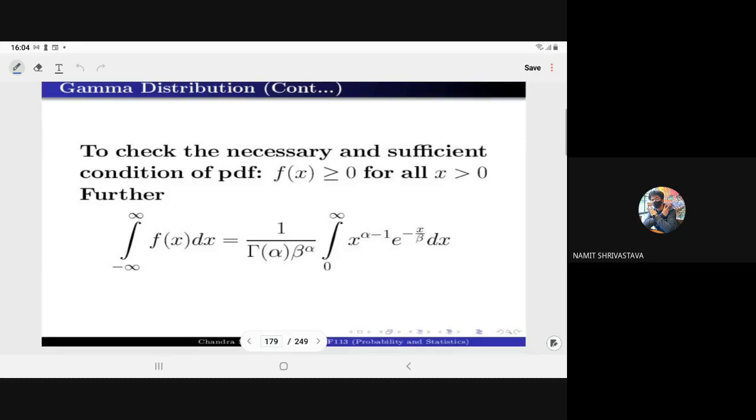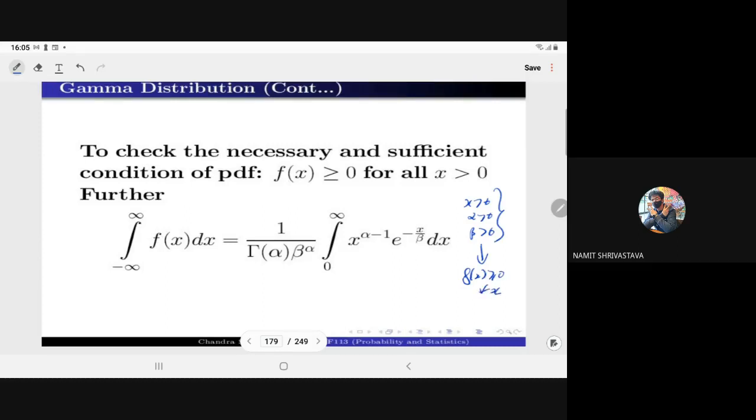Gamma of alpha is always positive, beta to power alpha is always positive because beta and alpha both are positive, and we have the exponential function. Here we have taken x greater than 0, alpha greater than 0, and beta greater than 0. Due to this assumption, we can say f(x) is greater than or equal to 0 for all x.